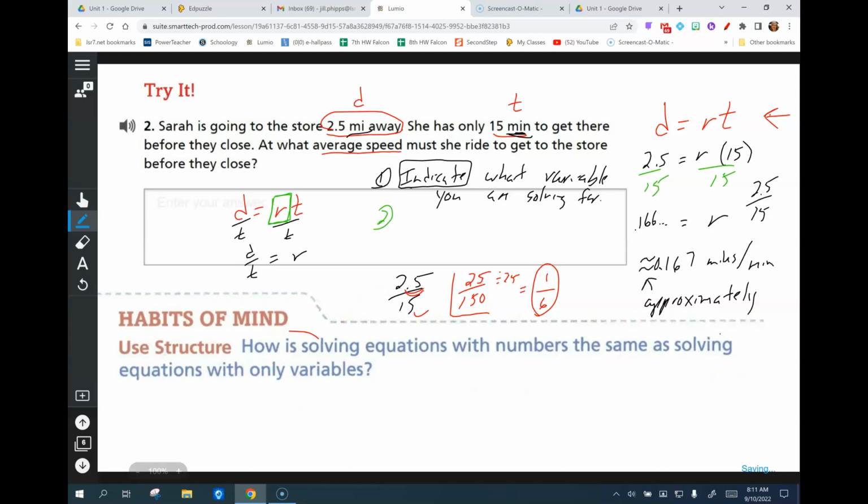Okay? Then you want to actually just look at it and identify how that variable is connected to the other variables. I'm just going to say others.